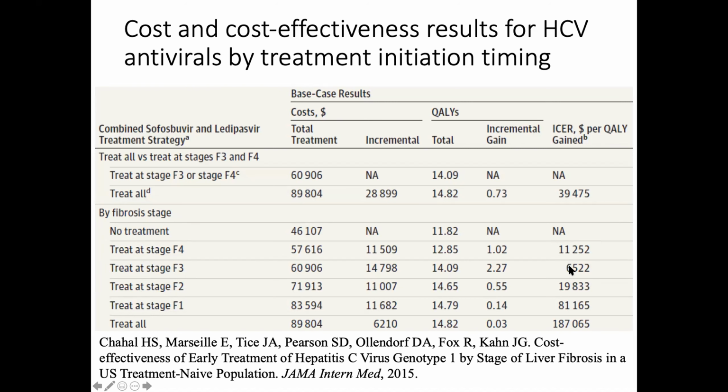Stage 3, $6,500. Stage 2, so you're starting now to get to pretty early disease, $20,000 per quality gain. Stage 1, that is early fibrosis, $81,000 per quality gain. By most standards, a good deal. But treating everyone versus treating just people with some evidence of liver fibrosis, not so attractive, $187,000 per quality gain.